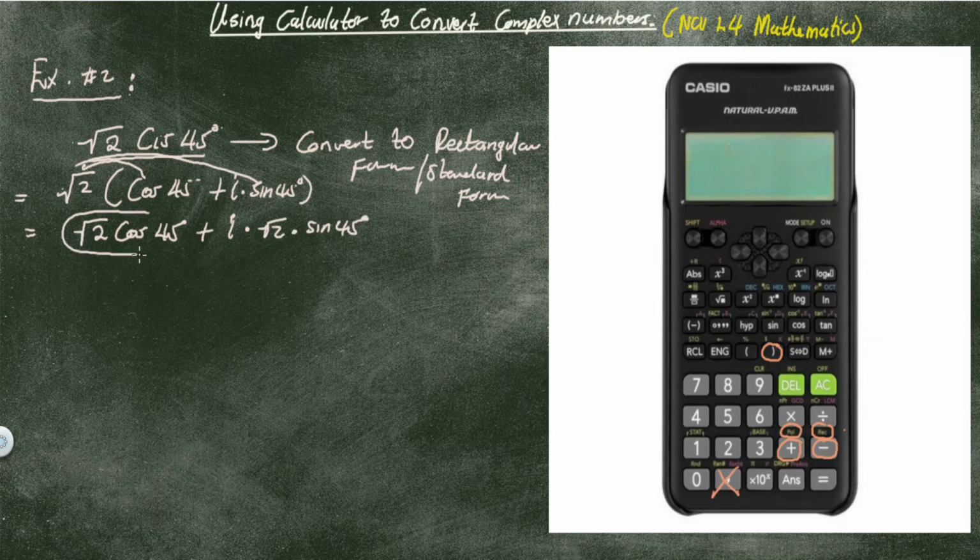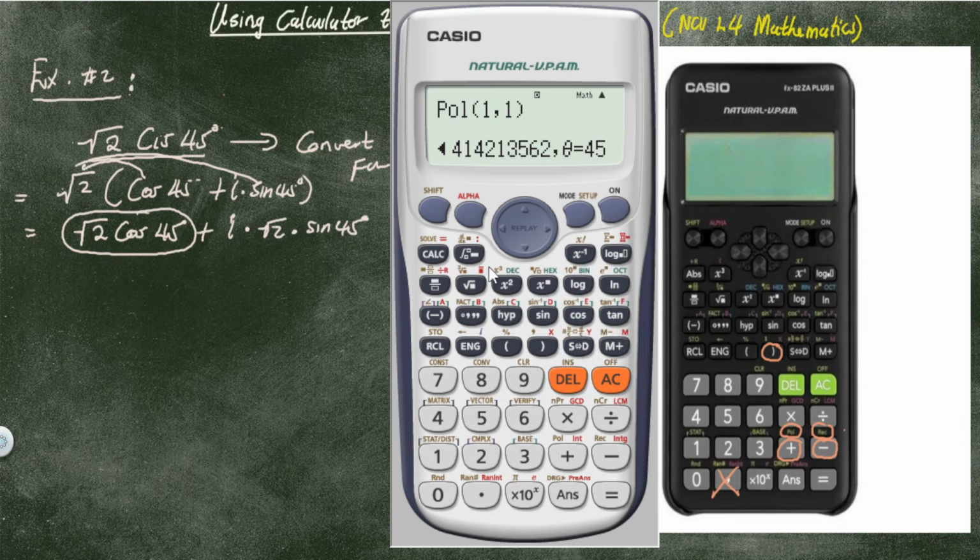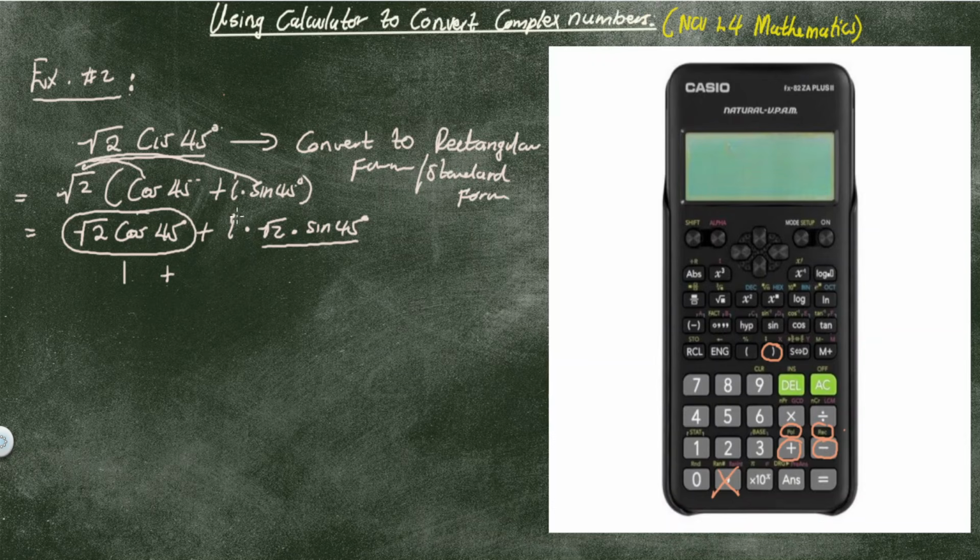Okay, then you punch this whole thing into your calculator. Now we're going to have the square root of 2, and then let's go outside the bracket and say cos 45 degrees, that's 1, plus we punch this whole thing again. Instead of having cos, I would replace that with sine. I'm also getting 1. Remember, there's I in front of this. So I times 1.